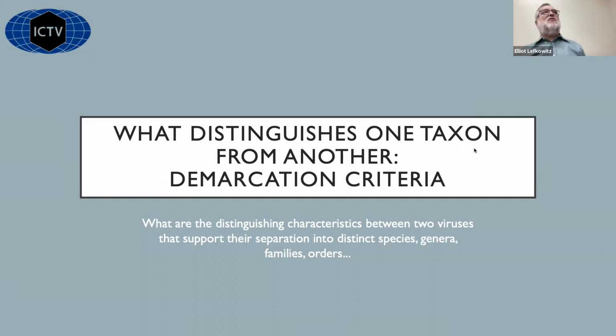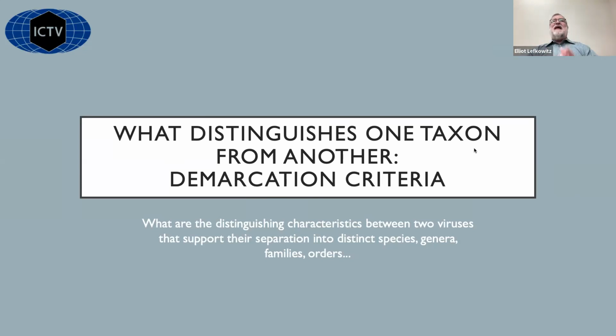So demarcation criteria are the distinguishing characteristics, whether they be phenotypic characteristics or genotypic characteristics, that allow us to compare different viruses and determine whether or not they can be classified together into the same species, same genus, or they require classification into different species or genera and such.